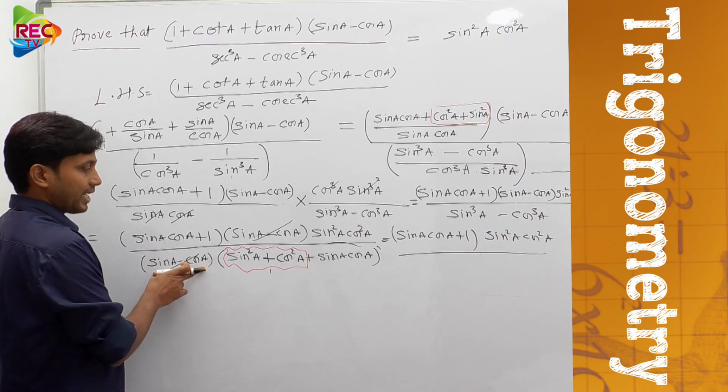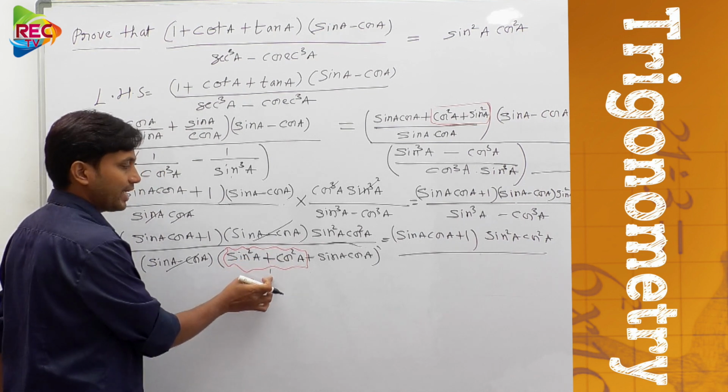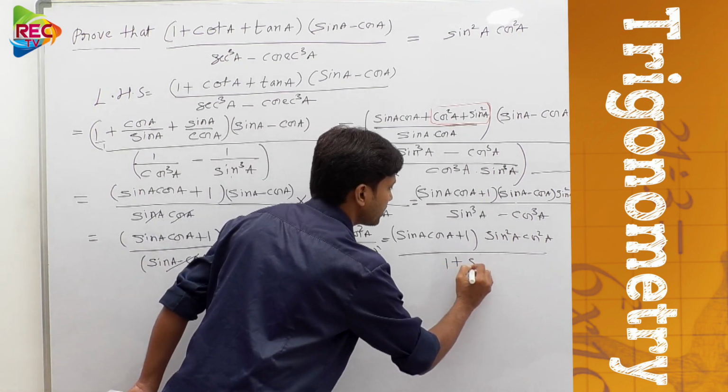This term got cancelled. In this bracket, sin square a plus cos square a can be written as 1. So 1 plus sin a cos a, right?